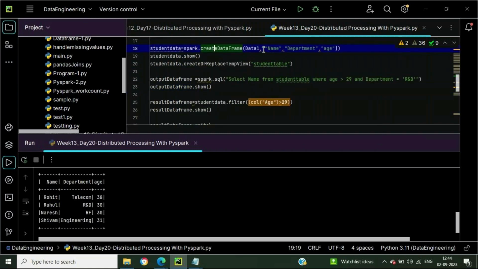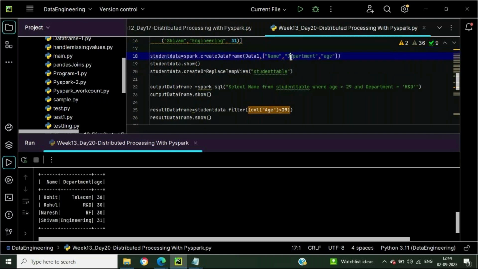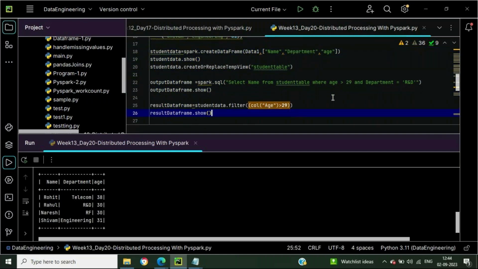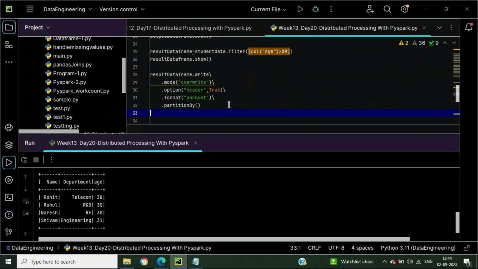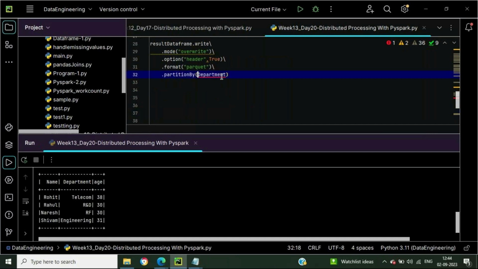And in error, which is the default, if the path already exists, it will throw an error that the path is already existing. Okay, that is fine. So we were talking about the standard write API.